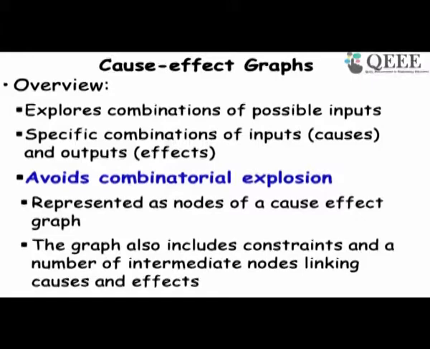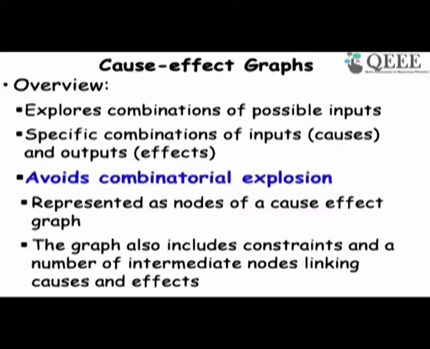Here again, we are trying to explore combinations of possible inputs. The combinations of inputs are called causes, and the corresponding outputs are called effects. One advantage over decision table testing is that here the optimization is more inbuilt.